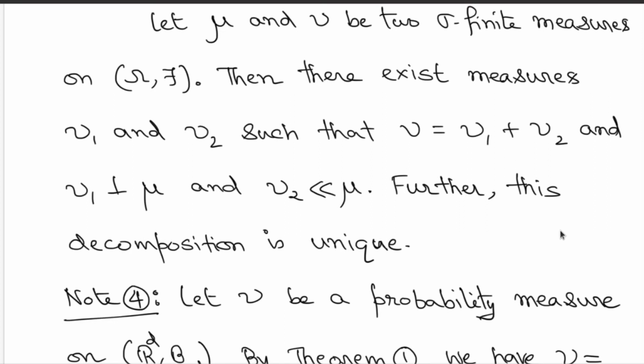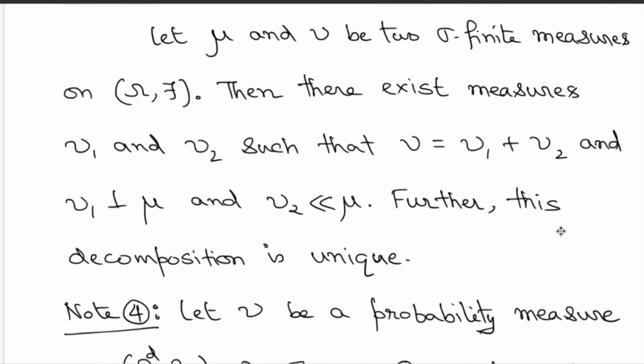So the choices of nu1 and nu2 are fixed. Okay, so given these two measures mu and nu, you can split the second measure according to the information coming from the first measure. So that is the Lebesgue decomposition theorem.